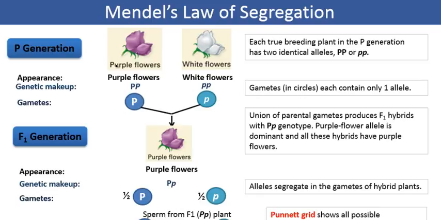So all the gametes from the purple flower will obviously have the dominant allele. Remember, according to the law of segregation, those alleles will segregate or separate during gamete formation, and each of them will go into a gamete. But because all of the alleles are dominant, it's a pure breeding line, all of the gametes that are formed will also have that dominant allele.